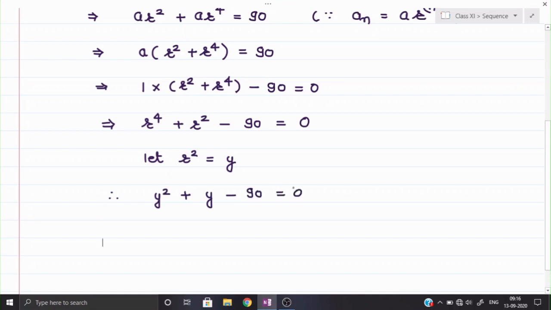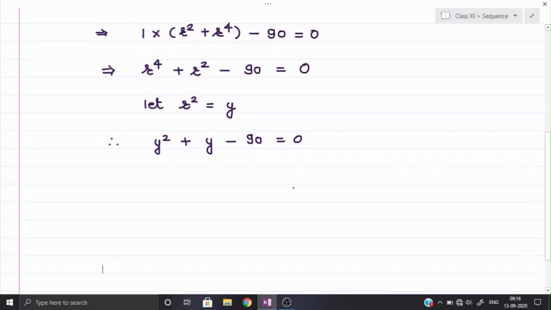Now we require two numbers whose multiplication should be minus 90 and addition should be plus 1. I think we will get y square plus 10y minus 9y minus 90 is equal to 0. Now we take common from the first two terms: we can take y common, and the remaining will be y plus 10.